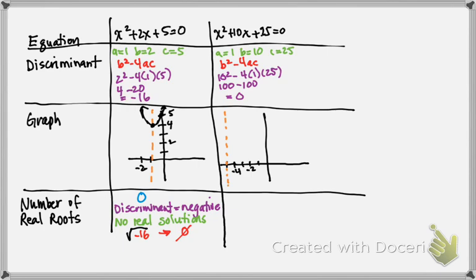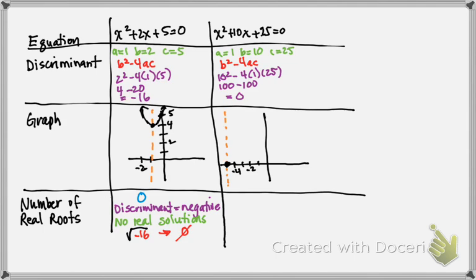Now negative 5 is going to be my x-coordinate of my vertex, and when I put in negative 5, I get 25 minus 50 is negative 25 plus 25 is 0. So I actually get my vertex at negative 5, 0.